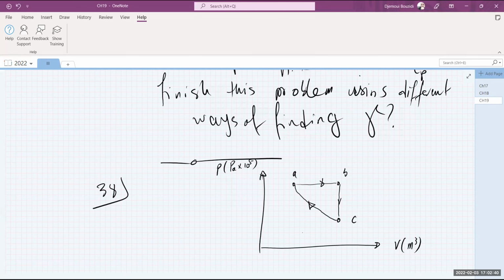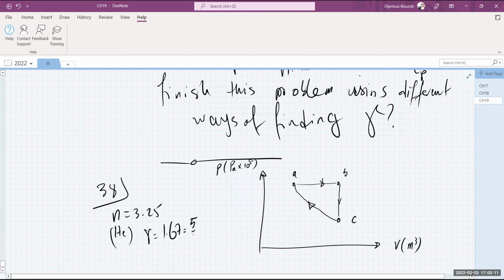If I calculate W in here, I know it's going to be negative without doing anything. They tell you N is 3.25. This is the number of moles of an ideal helium gas. So gamma is equal to 1.67, which is 5/3.